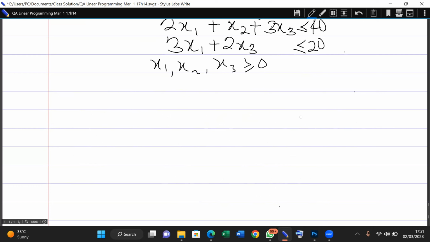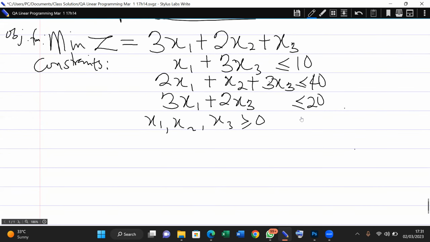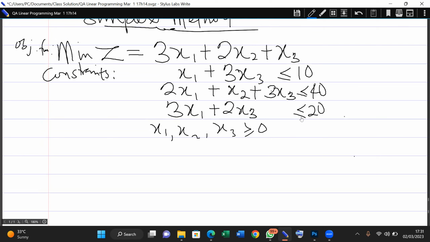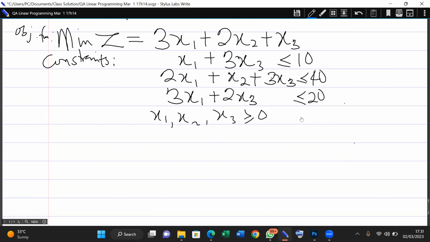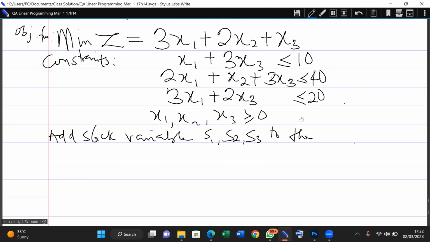The first thing is, after we have our stuff like this, let us add our slack variable. Add slack variables S1, S2, S3 to the constraint.